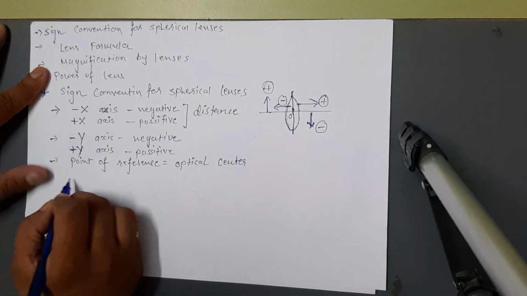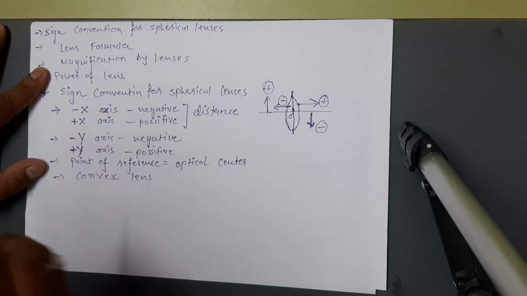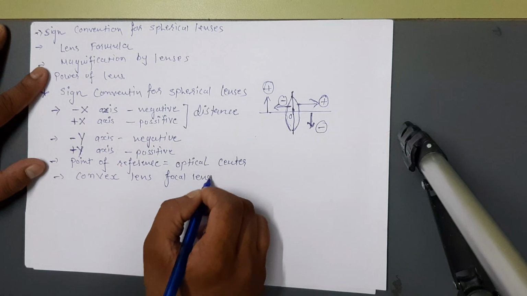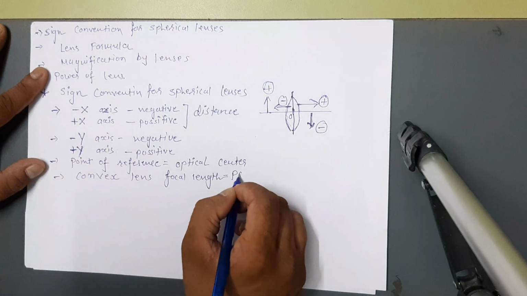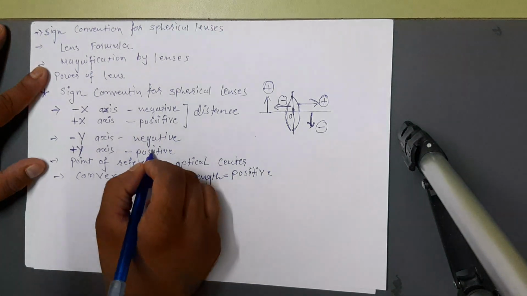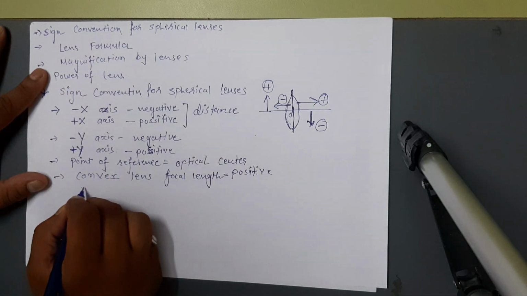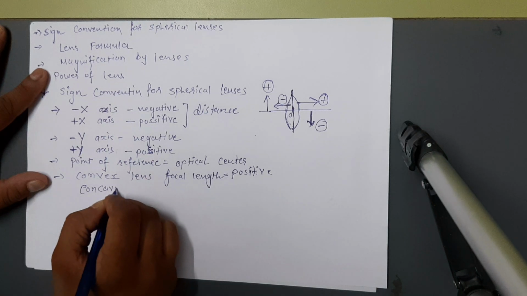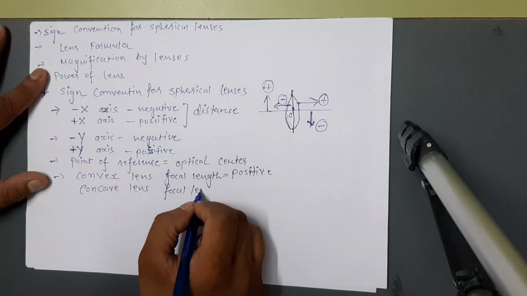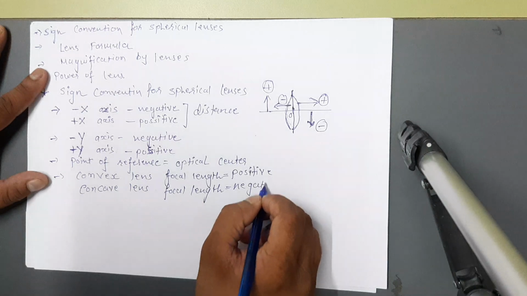Also we must know that the focal length of a convex lens is always positive, and for a concave lens, the focal length is always negative.